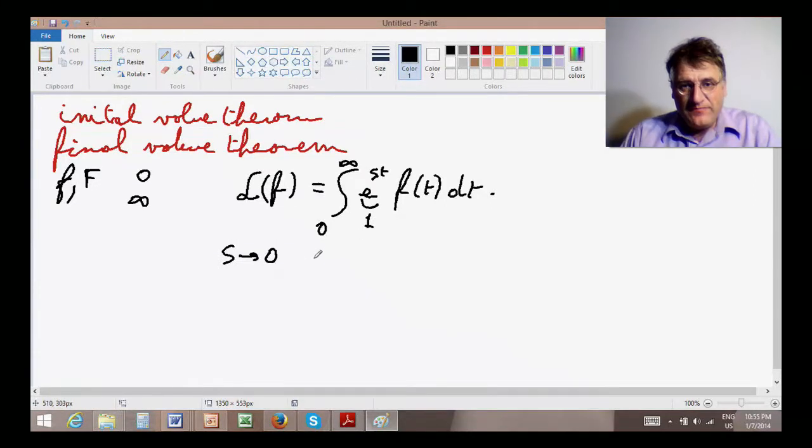And so this tends towards the integral from 0 to infinity of f of t dt.